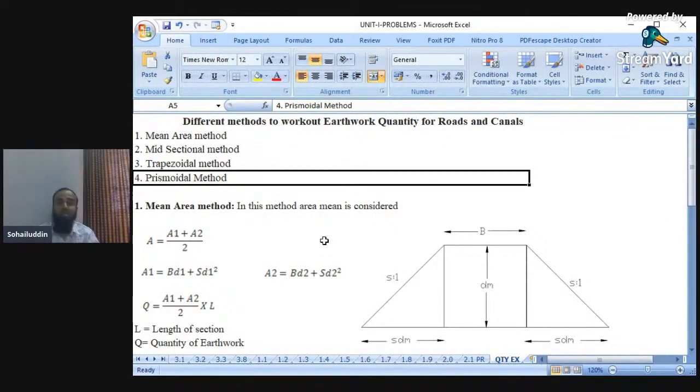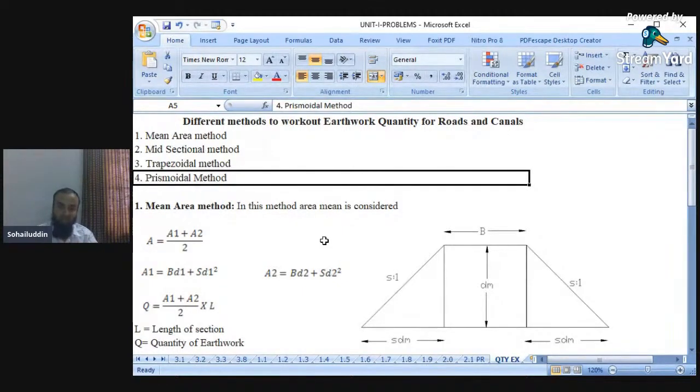We are considering the road to be of trapezoidal shape. While finding out the quantity of earthwork in the case of roads or canals, we are considering it in the shape of a trapezoid.